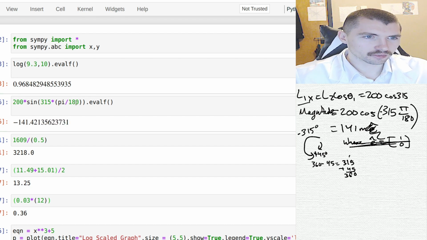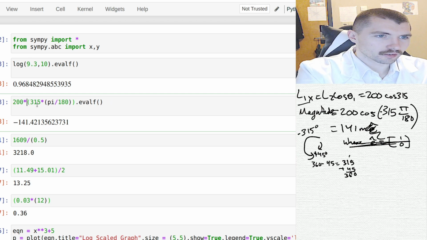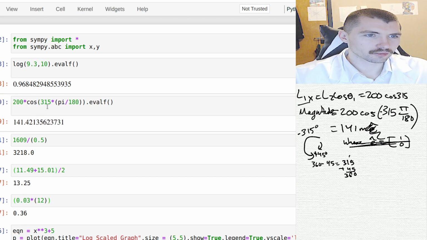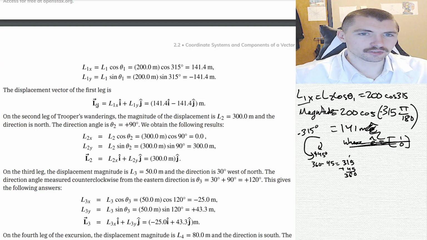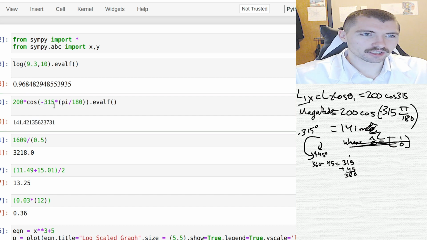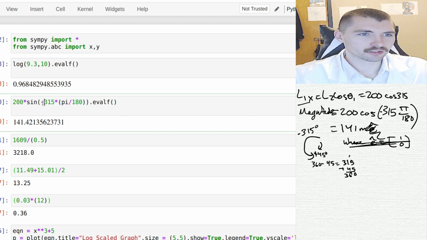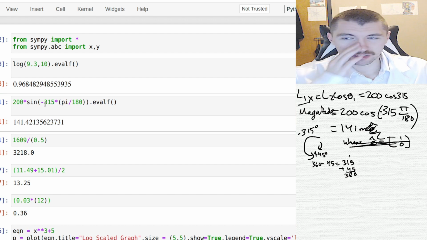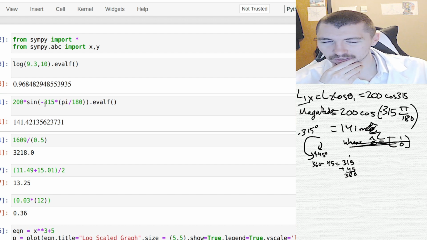Okay, there it goes. Yeah, so these numbers match up. Book's not too bad. It's just, if you took negative 315, no, it's not right.